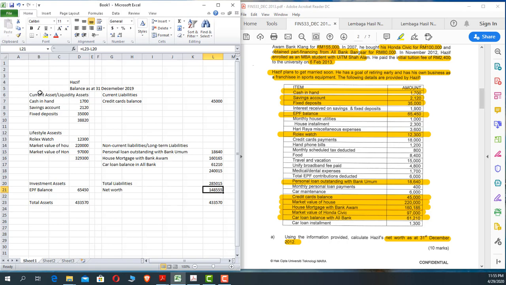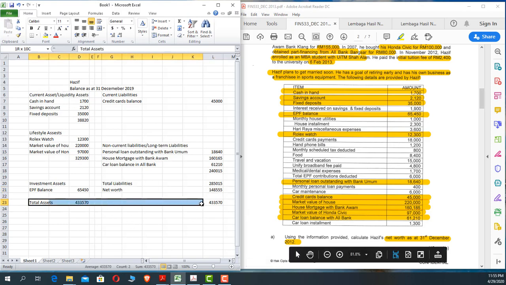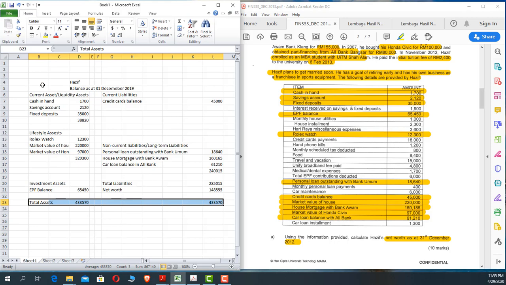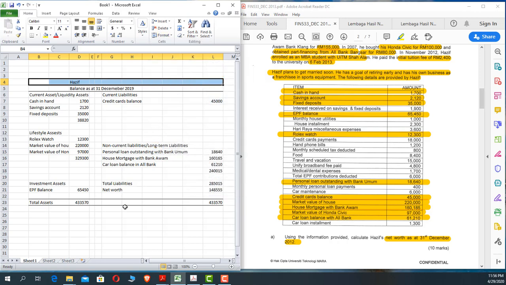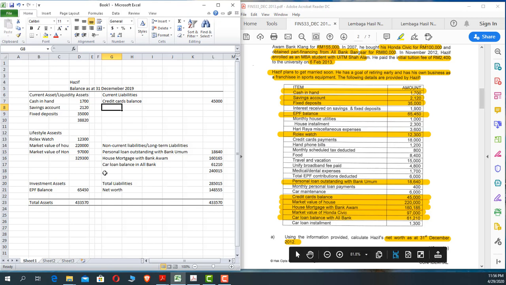Okay, so this is you settle for the balance sheet, and then you go to the next question based on your expenses, or based on income and expenses.